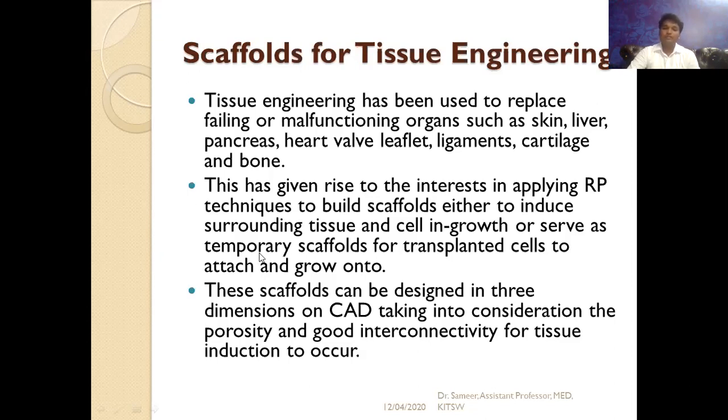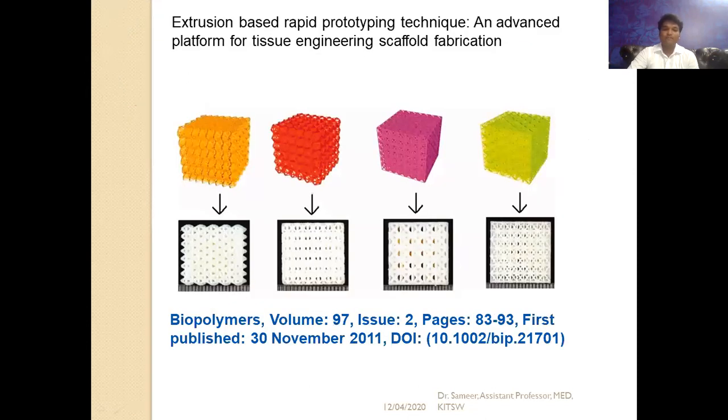So these scaffolds were designed in 3 dimensions on CAD, taking into consideration the porosity and good interconnectivity for tissue induction to occur. In this slide, we can see the extrusion-based rapid prototyping technique, an advanced platform for tissue engineering scaffolds. You can see here the different types of scaffolds being manufactured using rapid prototyping.